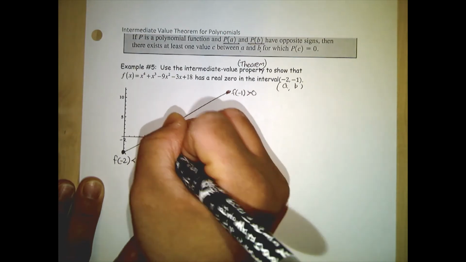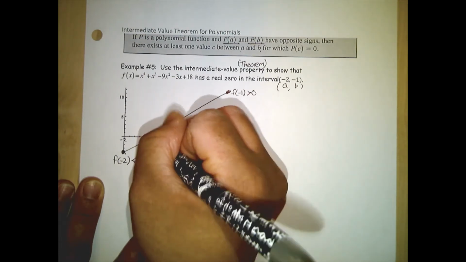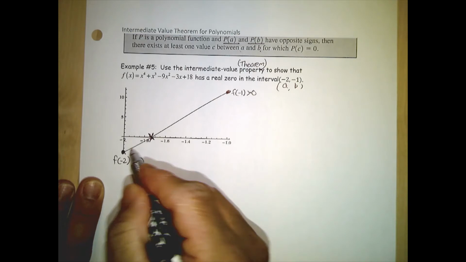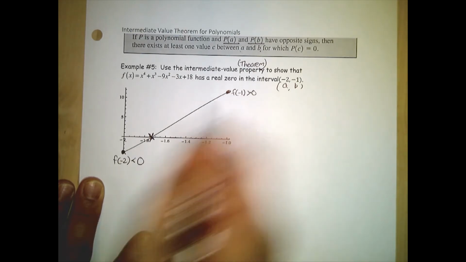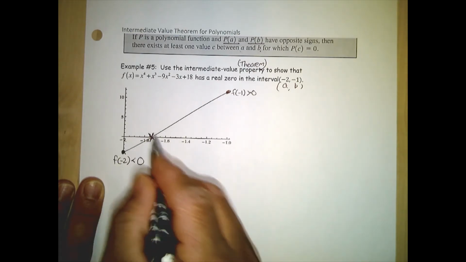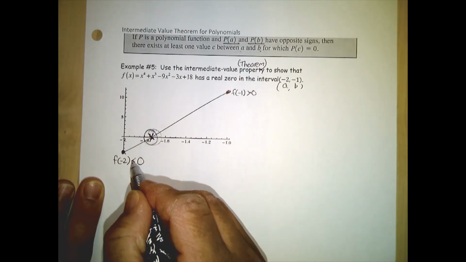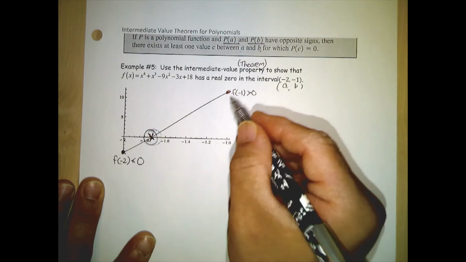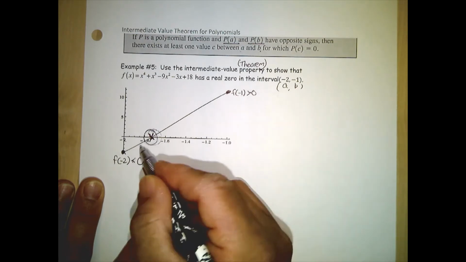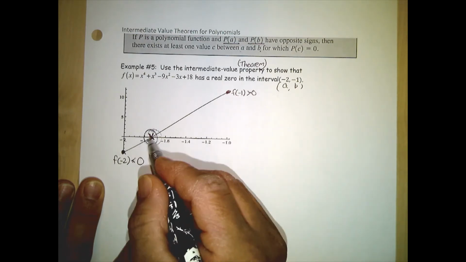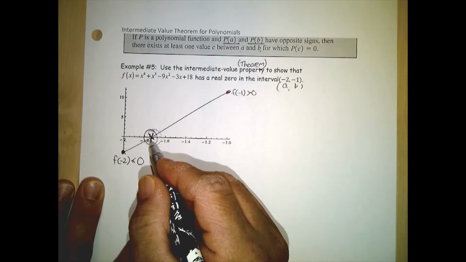And this is a polynomial function that's continuous between -2 and -1. Then that means that somewhere in the middle, the function had to go from negative to positive. Then, of course, it went through 0 somewhere in that interval.